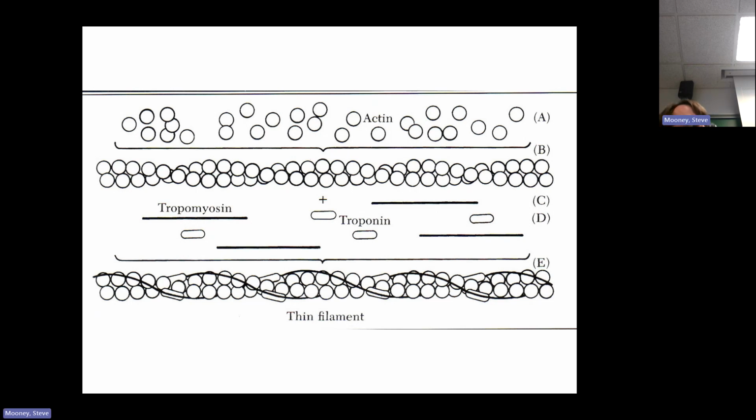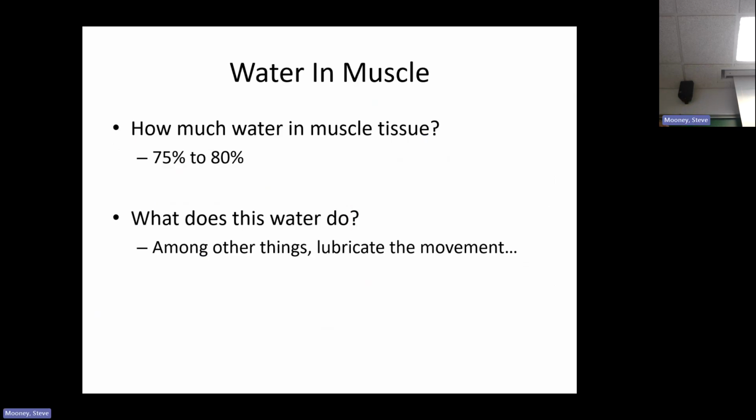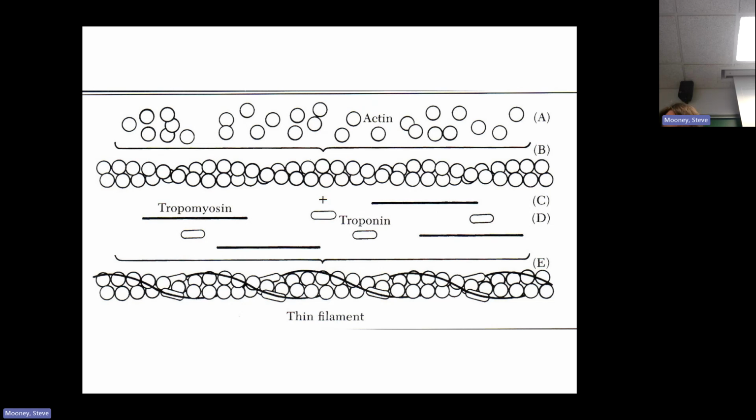My brain says no, but I wanted to double check. Okay, so when we're looking at our contraction, the tropomyosin and the troponin are going to cover up the binding sites on the actin helix. So the myosin complex, the head on the thick filament, needs a place to interact with.